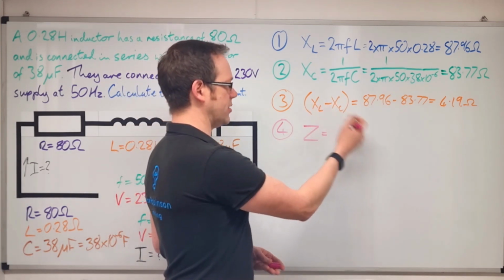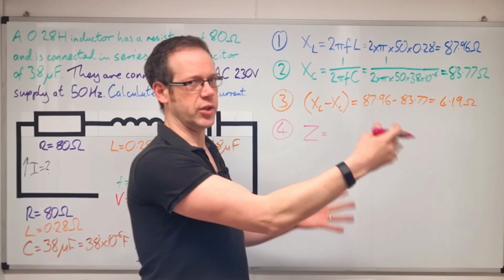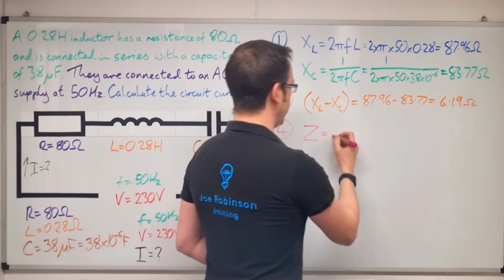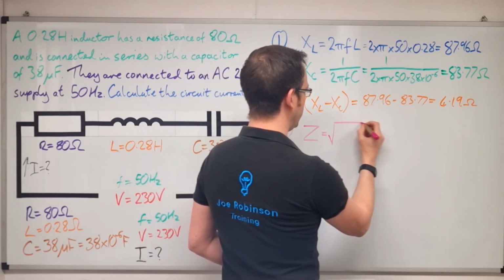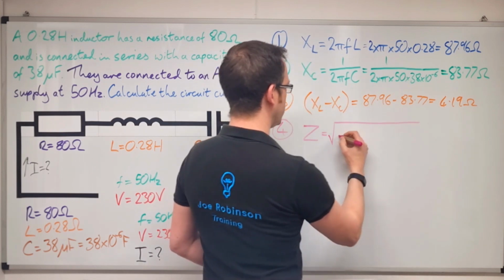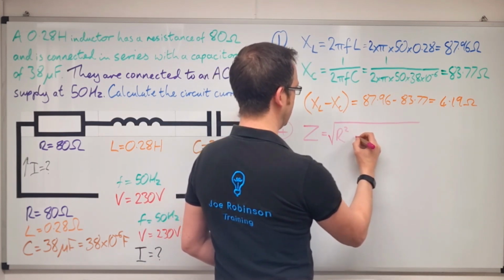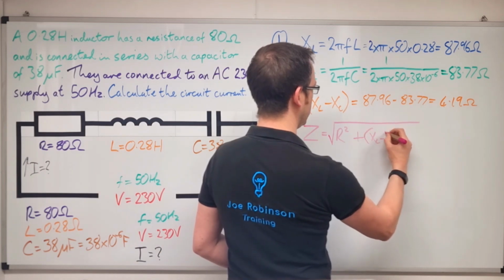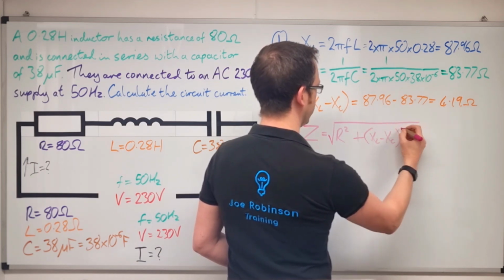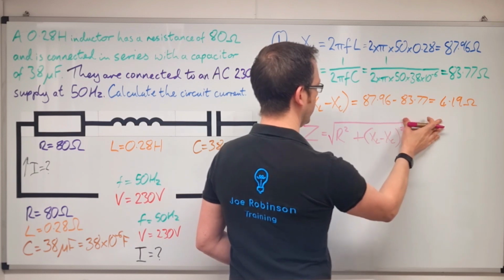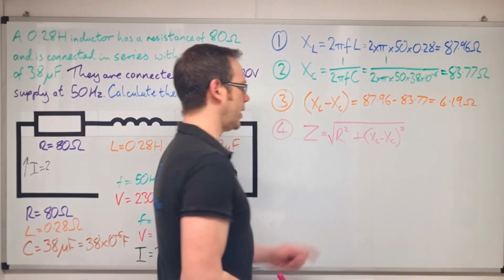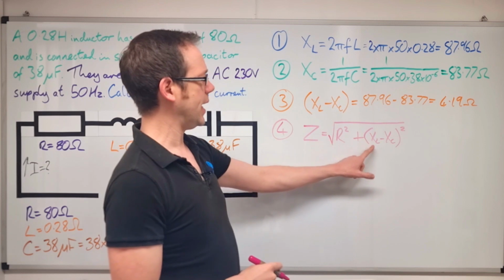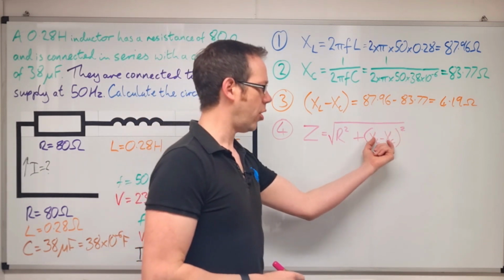I'd show this as Z squared is equal to R squared, and so on. But what this is showing is Z is equal to the square root of R squared plus the difference between the two values of reactance that we found a moment ago. Okay, so R squared plus XL minus XC, and then that whole thing squared.